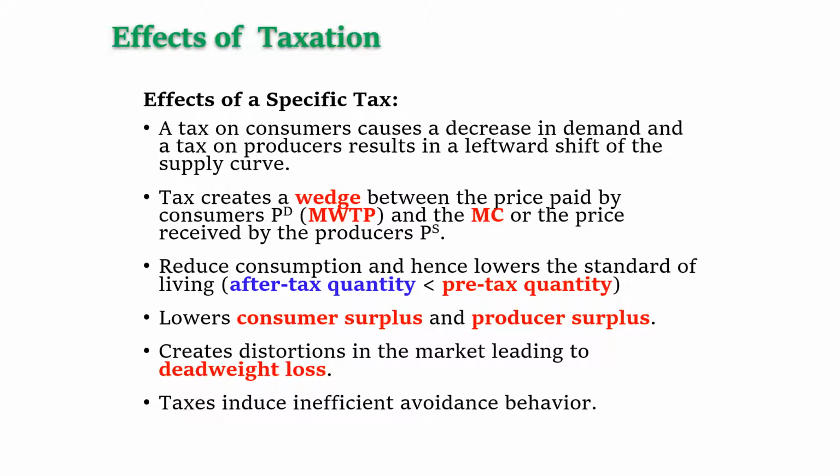People need food to survive. So even if there is a tax on food, people will still buy the same amount of food. Regardless of the tax there, people will not run away from the tax. So the distortive effect of the tax there is very small. The distortions created by the tax are small, because the demand is inelastic.